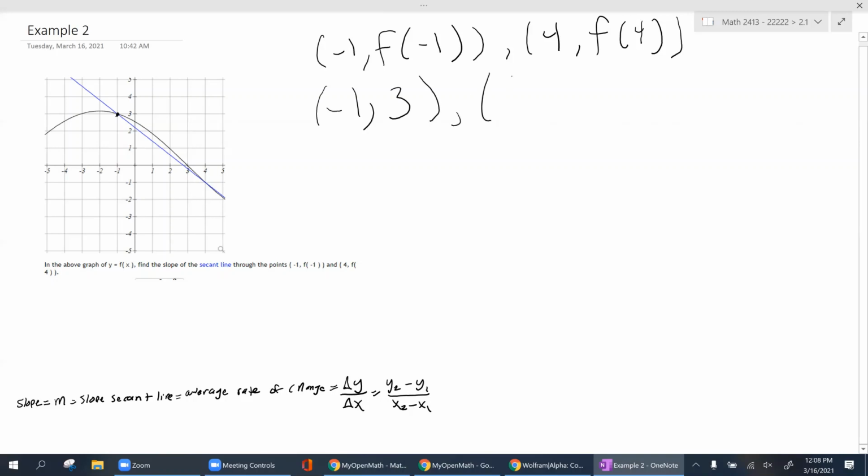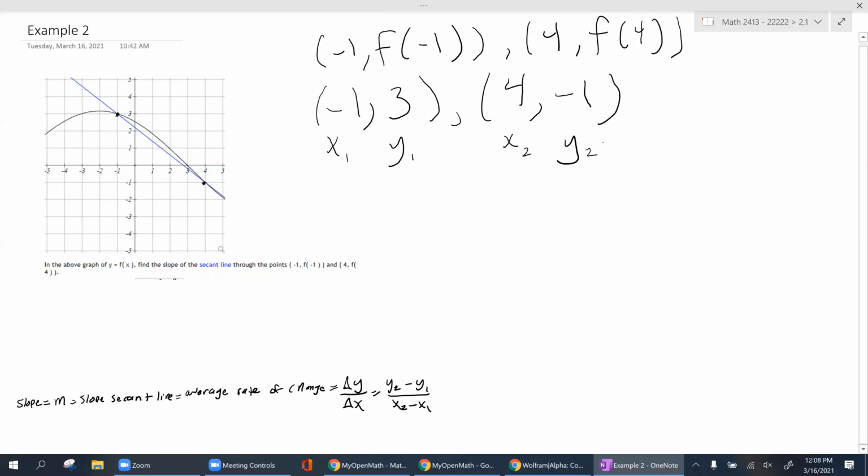I'm told another point whenever x is 4. Well, I can tell you what y is whenever x equals 4. Go to 4 down here. That's just -1. So I would rewrite those as points that we're used to seeing. Since I have 2 points, this is x, this is y, this is also x, this is also y. I don't want to get these confused, so I'm going to label these 1 and 1, and then these 2 and 2.